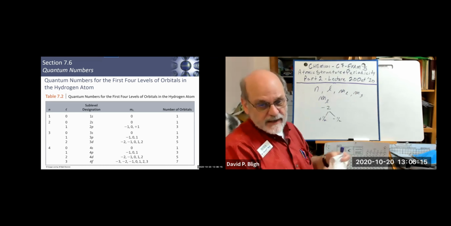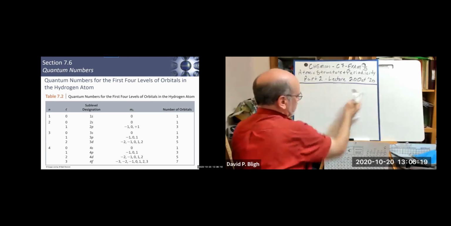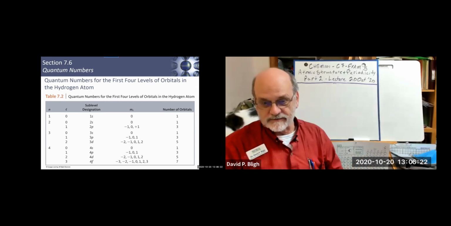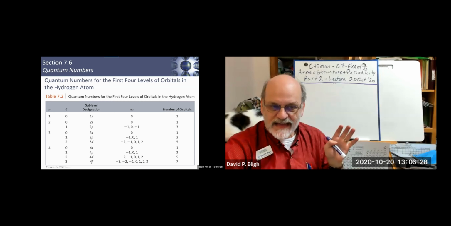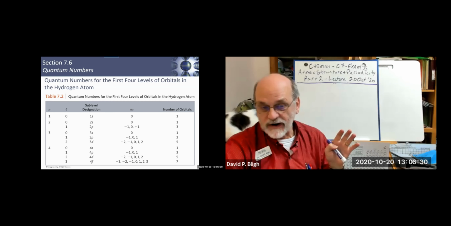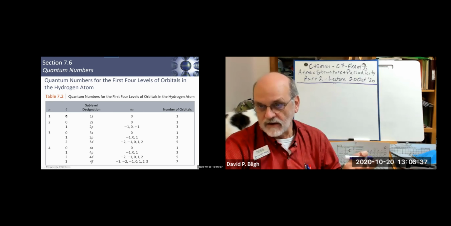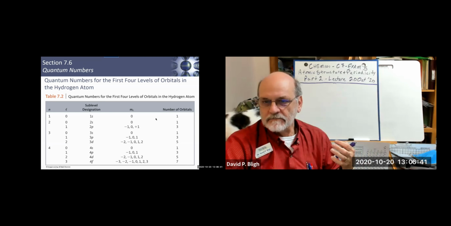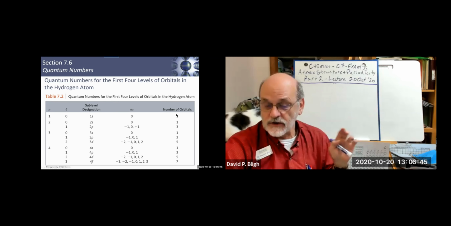So here's a chart that came straight out of your book, or at least one edition of your book. And it shows the relationship: with n equals 1, you can only have 1 L, and you can only have 1 m sub L. And that means the number of orbitals possible at the n level is only 1.